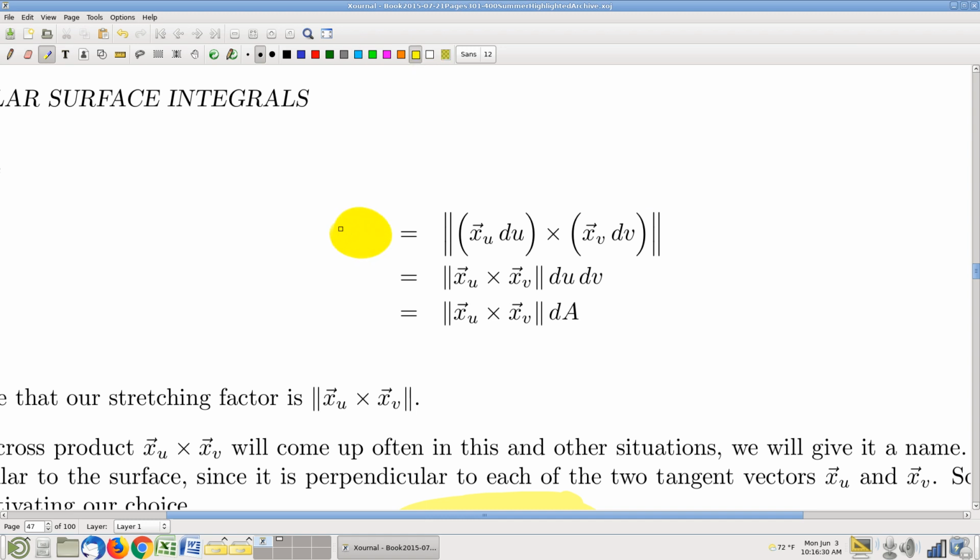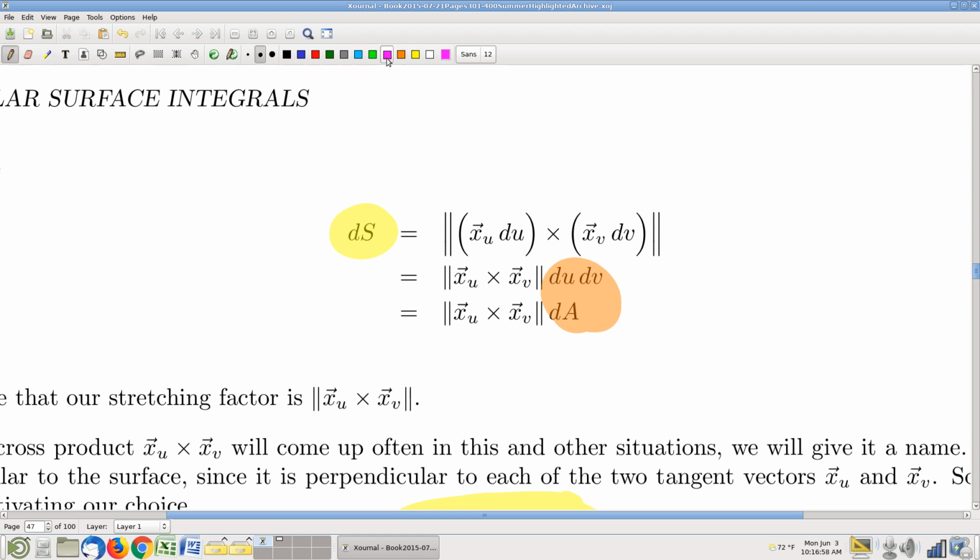And look, now I've got exactly what I wanted. I've got that output area viewed as some multiple of the input area. Looking at my parameterization, du dv is the area of that little input rectangle in the pullback domain. ds is the resulting image area in the parameterized surface. And we have ourselves a stretching factor.